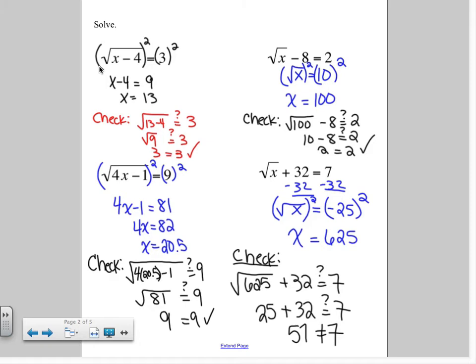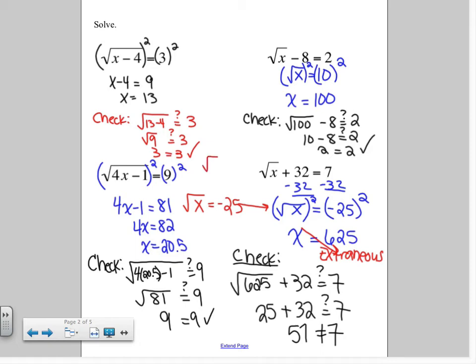Okay, so the reason that our check didn't work out is because x equals 625 is an extraneous solution. And that is because of this line right here, when we got down to the square root of x is equal to negative 25. When we're talking about the square root of x, we want the positive square root of x.